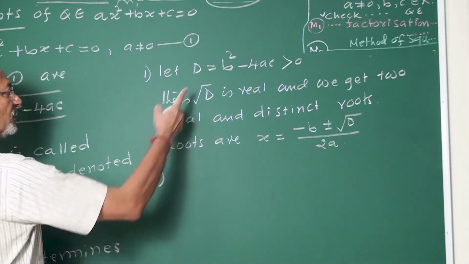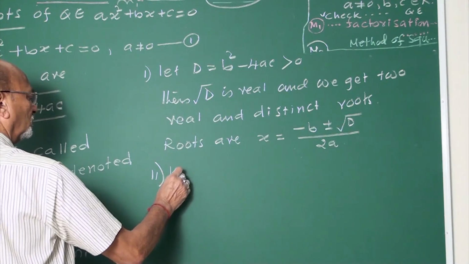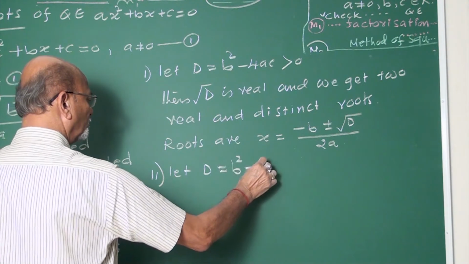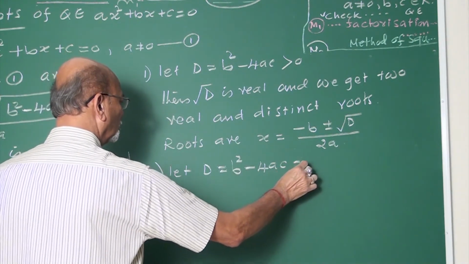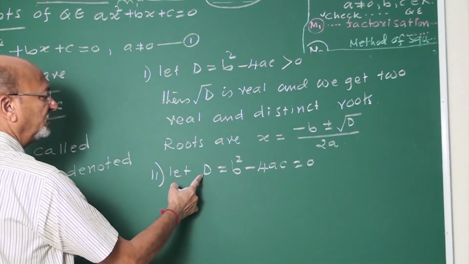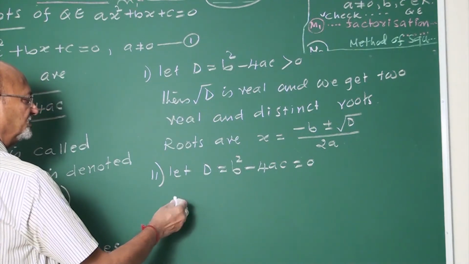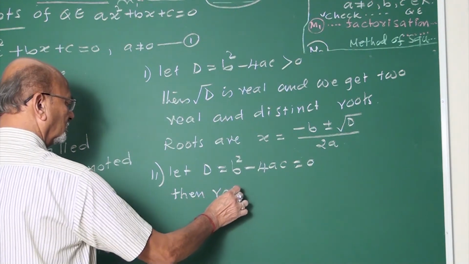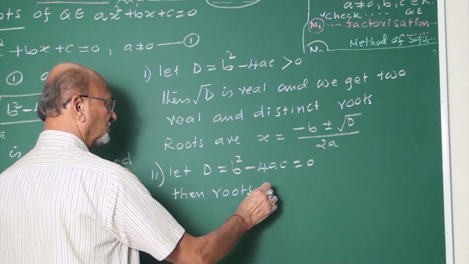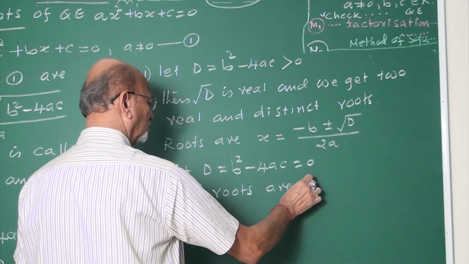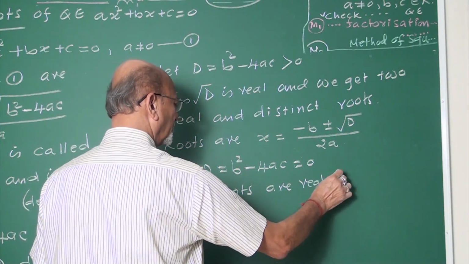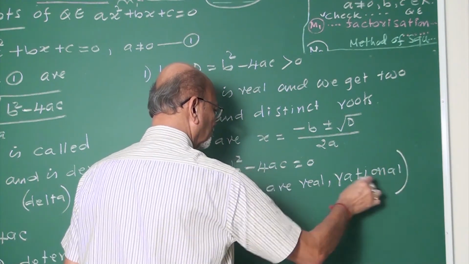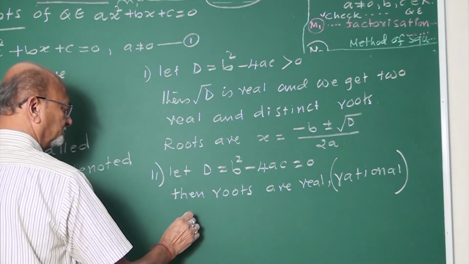Second case: if d equal to b square minus 4ac equals 0, then d is 0. Real means you get rational roots, rational and equal.